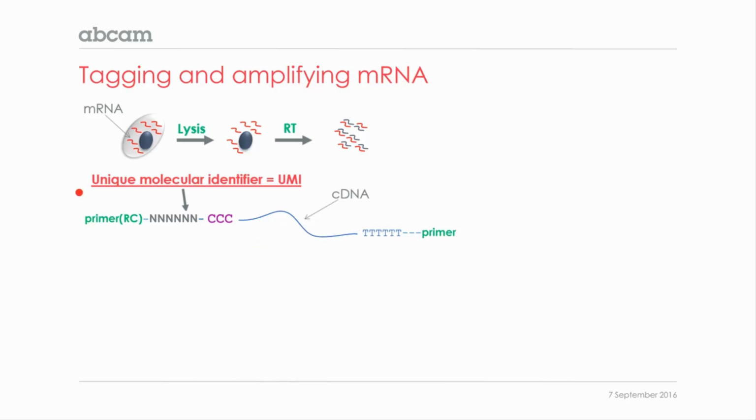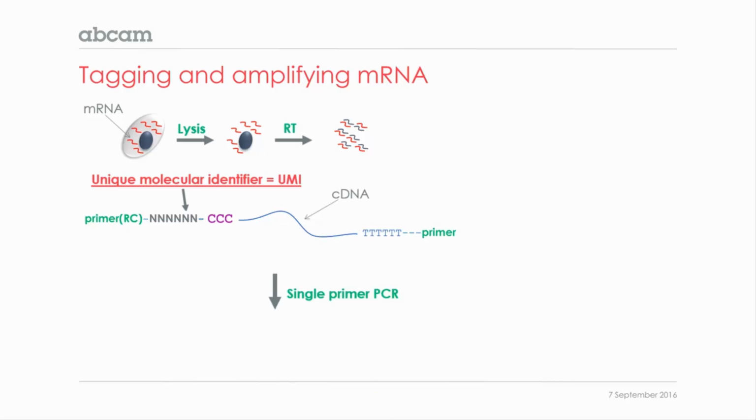And most important, we have a handle to amplify this molecule now, because on both the 5' side and the 3' side of this molecule, we have a known sequence. So now we can come with primers and amplify it. So this is the next step.